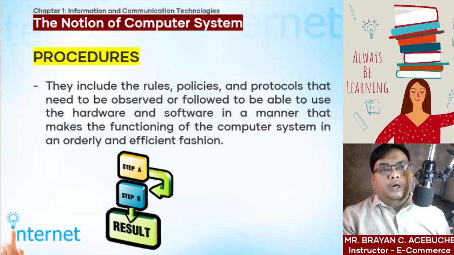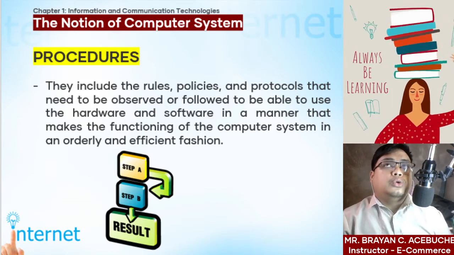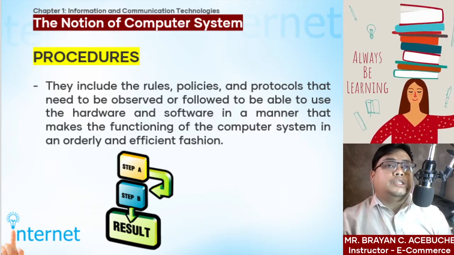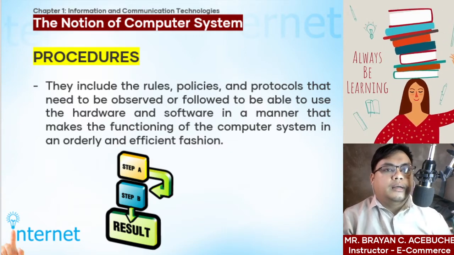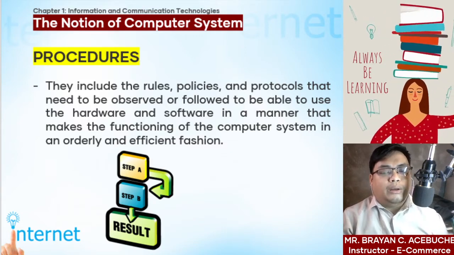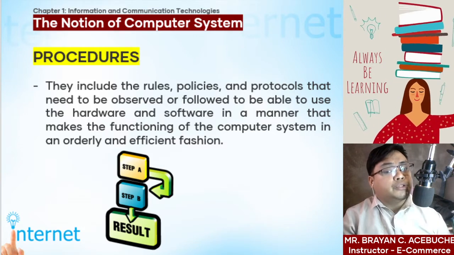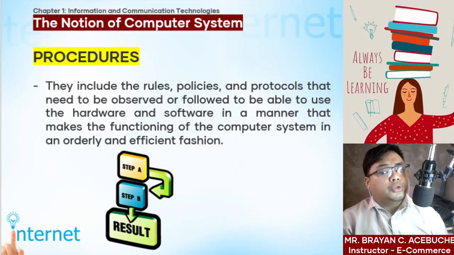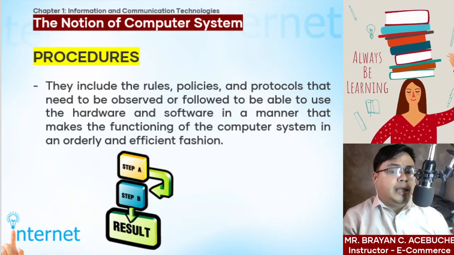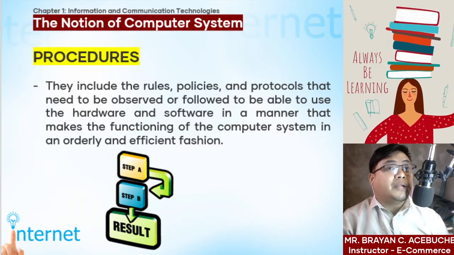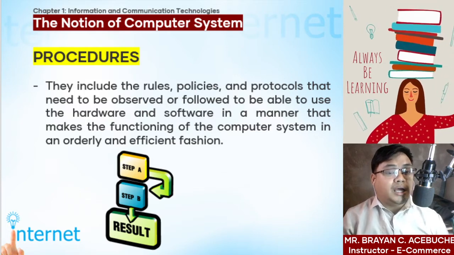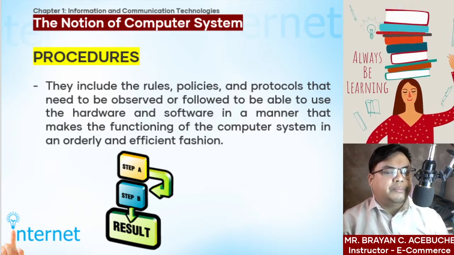Like for example, kung example ng procedures po ito, nag-submit tayo ng isang document like Microsoft Word. Of course, the procedure, ang protocol, kung Microsoft Word yan, dapat word processor din, ang word processing application yung mag-open sa kanya. Ano po ibig sabihin ng mga word processing application?